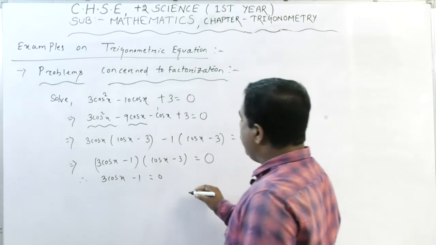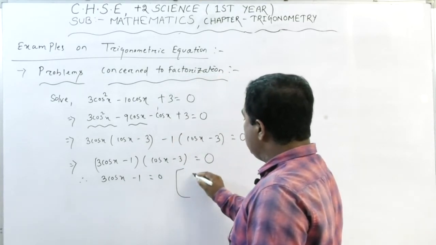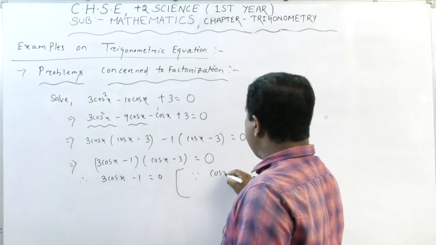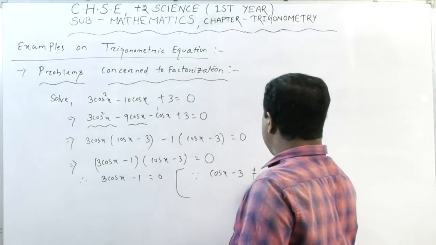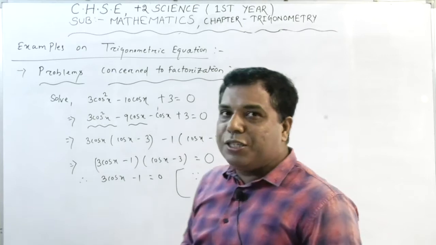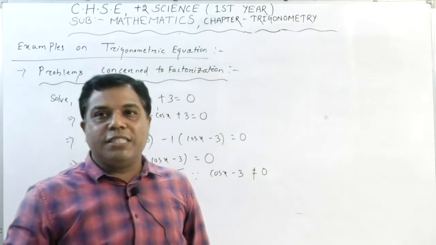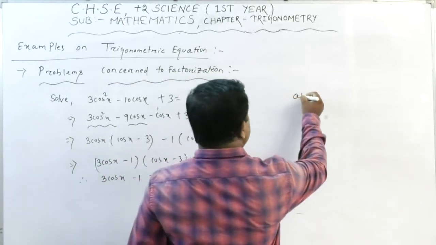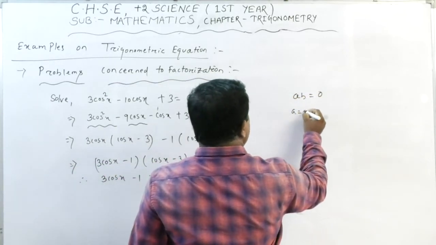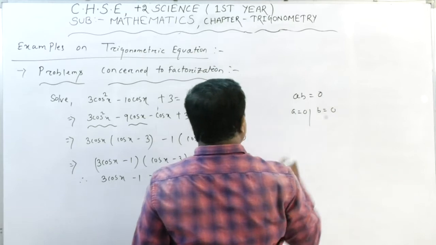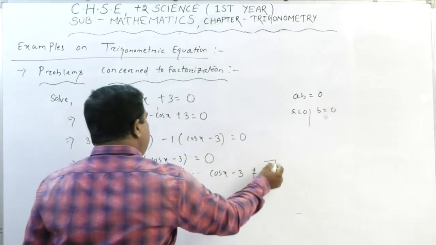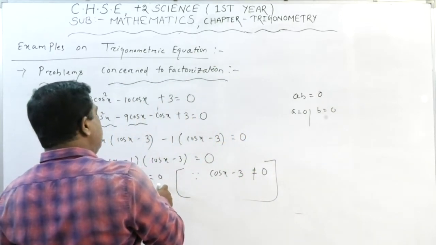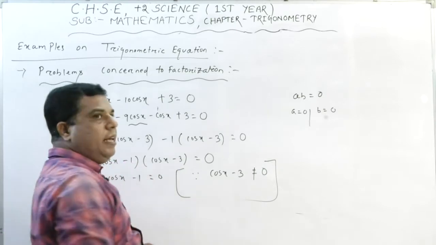Since cos x minus 3 is not equal to 0. Why, dear students? As we know, ab equals 0 means a equals 0 or b equals 0, but here we are writing only this factor can be 0.